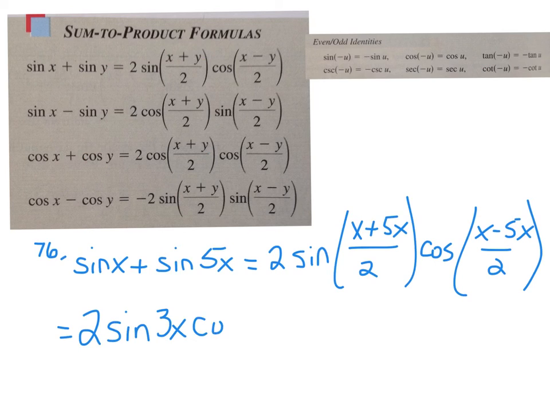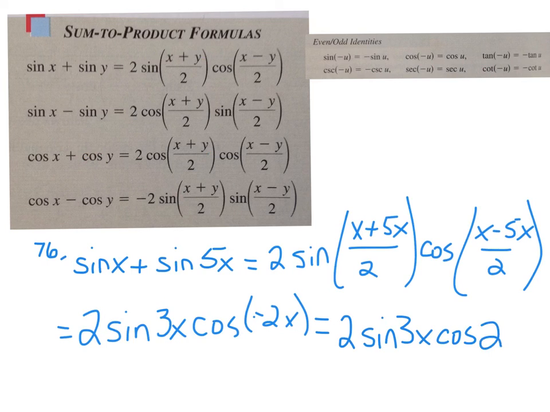And then cosine of x minus 5x is negative 4x divided by 2, so negative 2x. And then I'm just going to use this identity here, okay? And we'll be able to rewrite this as 2 sine of 3x cosine of 2x. So please ask if you got any questions, right? You're just plugging things in, really.